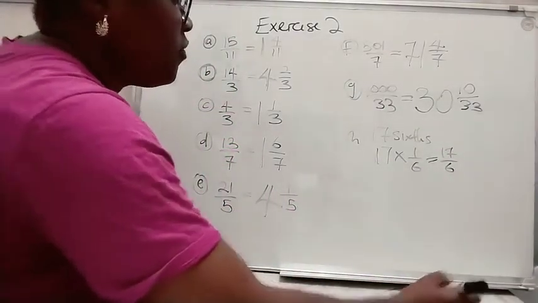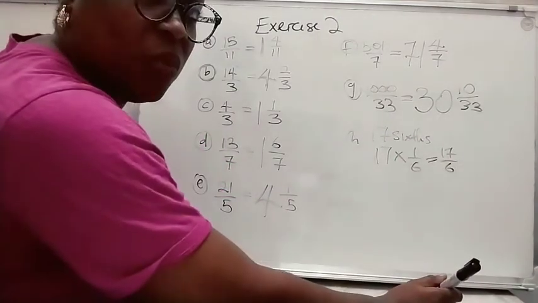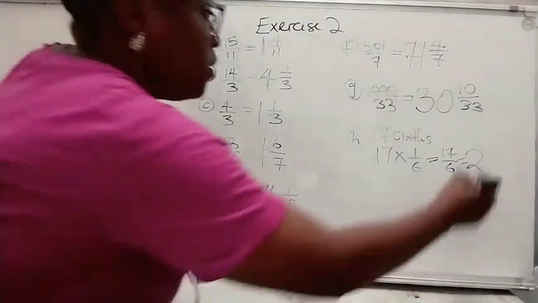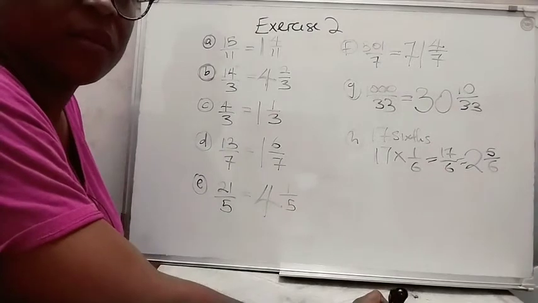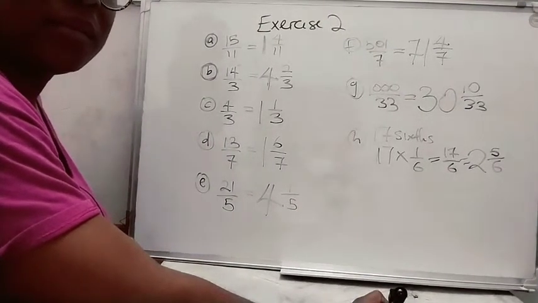Okay? So if we divide 17 by 6, we're going to have 2 whole number, remainder 5 over 6. Are we clear about that?